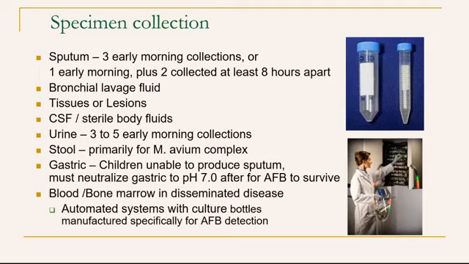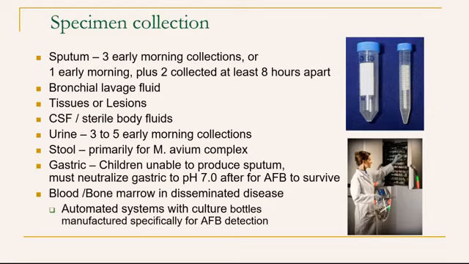There's a variety of different kinds of specimens that can be collected and sent for AFB culture, including respiratory specimens, tissues or lesions, sterile body fluids, urines, of which you need to do 3 to 5 specimens to really get a sensitive collection. We can even do stool, mostly for M. avium complex. In children, sometimes it can be very difficult to collect proper respiratory specimens, so they will collect gastrics on children.